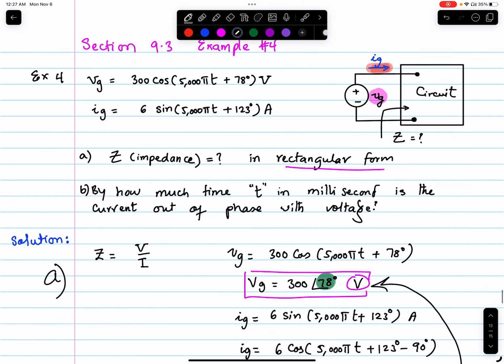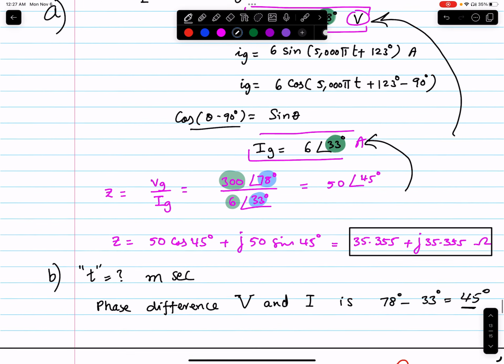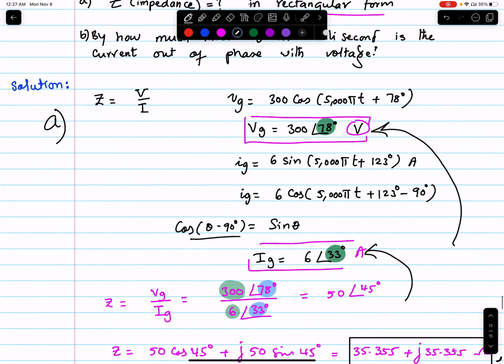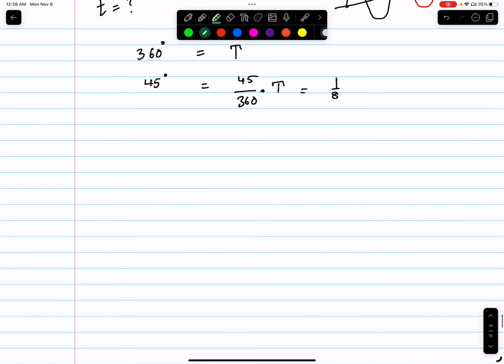We can calculate the time period from the frequency, right? We know the frequency. I'm going to leave that as an exercise for you. You see, here there is this 2 pi f. Let me write it as frequency is 1 over time period.